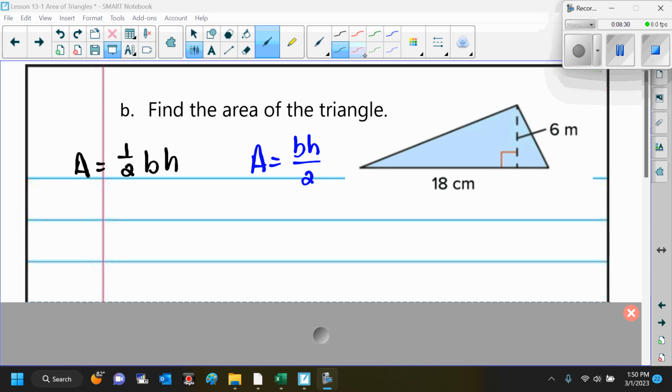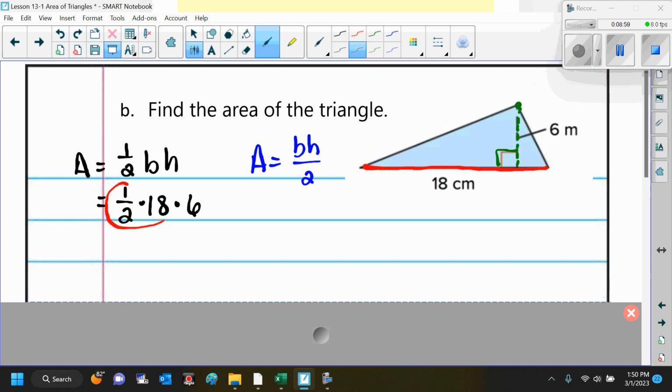All right, so here we have both of our formulas written, and then we're going to look at the base. The base is 18. The height drops down from the vertex down to the base to a right angle. So the height is 6. Okay, so now we can substitute in. We've got 1/2 times the base, which is 18, times the height, which is 6.